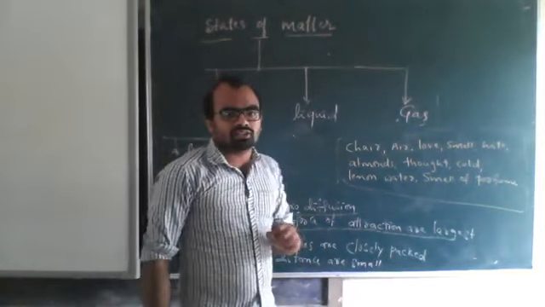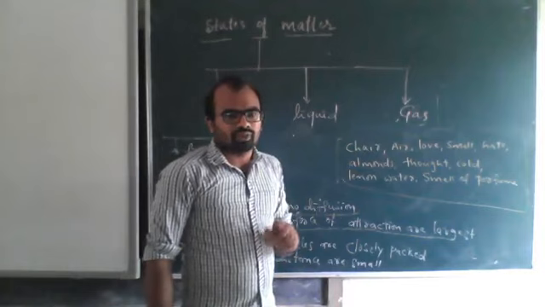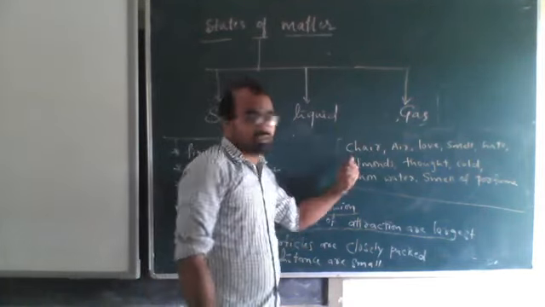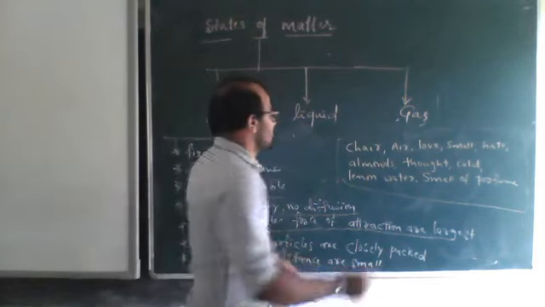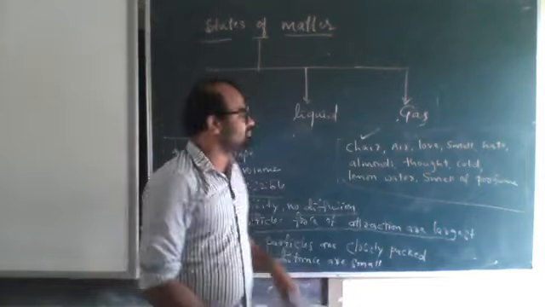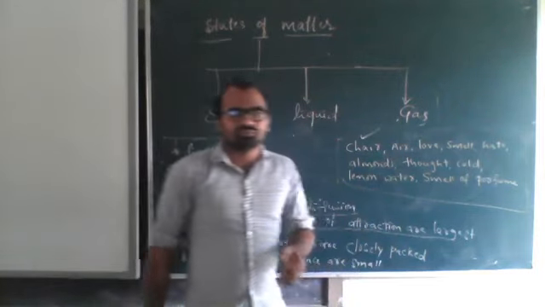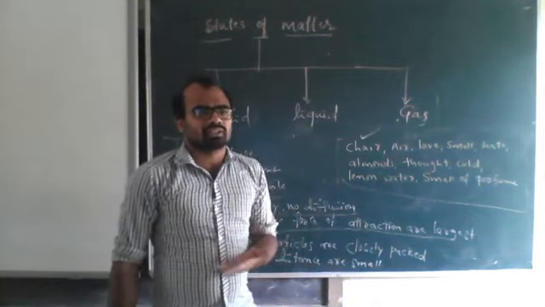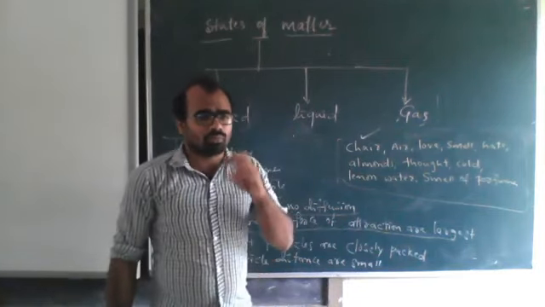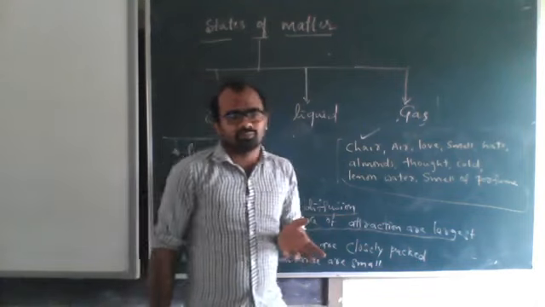See, first one is chair. Chair has mass as well as it occupies space. That means it is a matter. It is a matter of solid state. Air. So air indicates it is a gas. As we already know, it occupies space and it has mass.